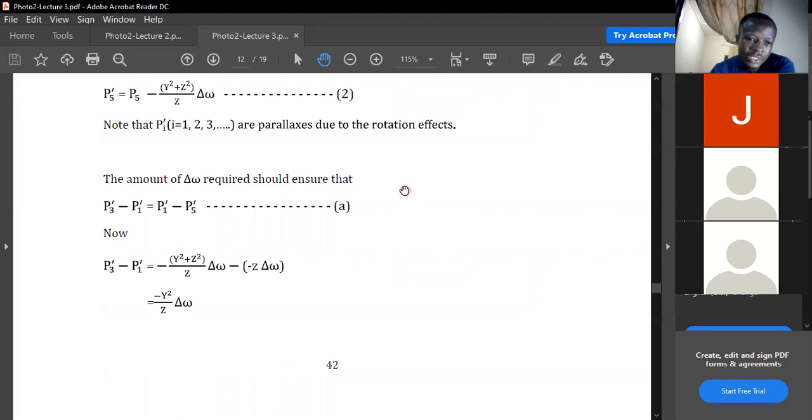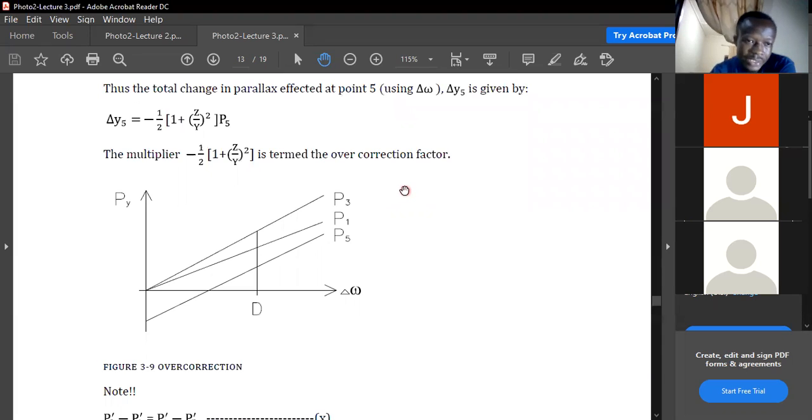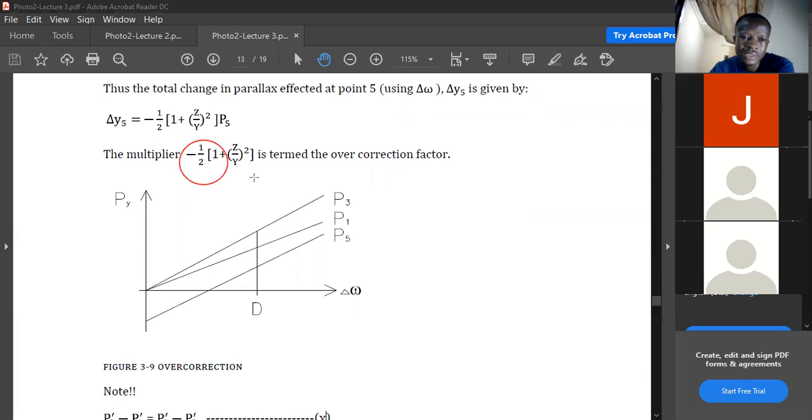This is a derivation of the so-called overcorrection factor. And so this is the overcorrection factor. I want you to just take note of this and know what it is. Z is the model coordinate Z generically for any point in the model.